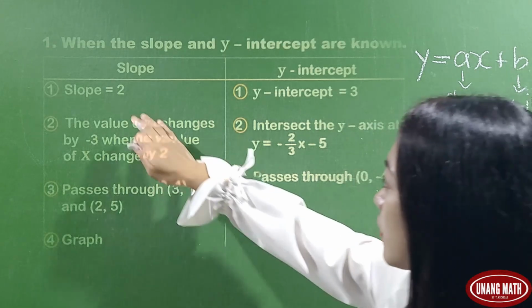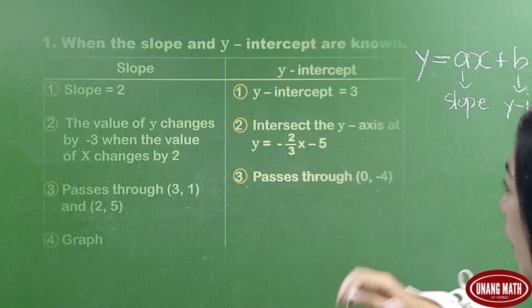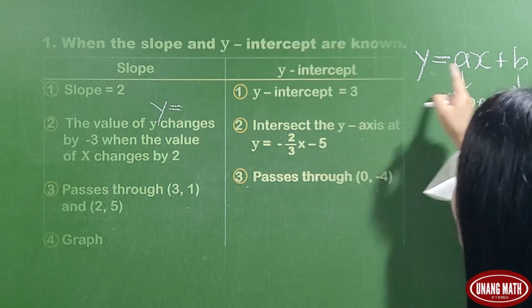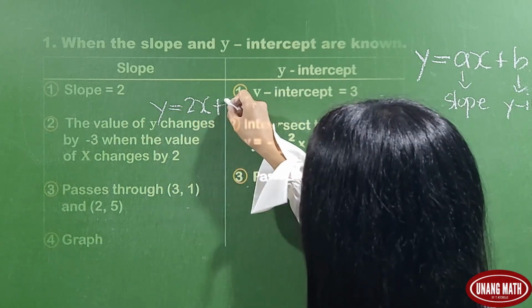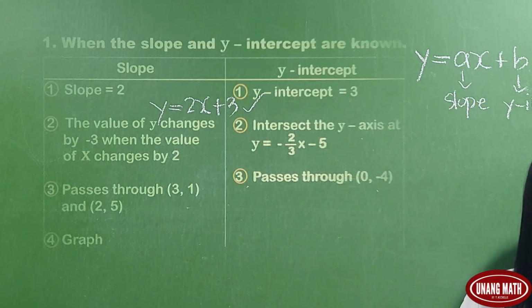Okay, it's given that the slope is 2 and the y-intercept is 3. So our equation would be y is equal to 2x plus 3. So this is now our equation.